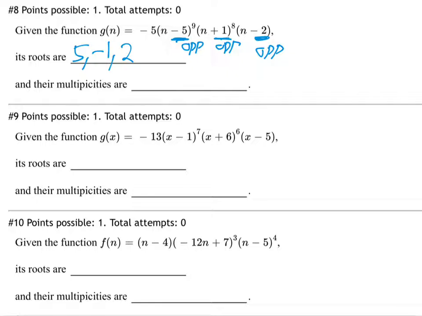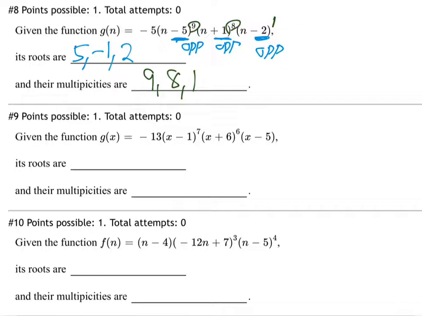Is that good so far? Whenever they're in the parentheses, it's just opposite. And then what are their multiplicities? It's just the fancy word for those powers. 9, 8, and 1 are their multiplicities.